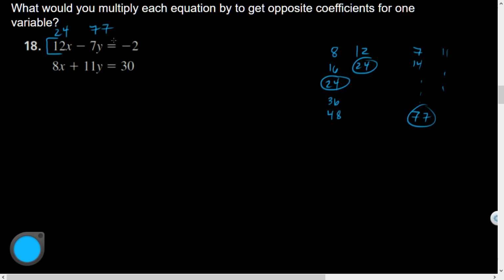So I would multiply the first equation by what? 2, yep. 2 times 12 is 24. 8 times what is 24? 3. And I need one of these to be opposite of the other. So yeah, you can make the 2 negative, you can make the 3 negative. Either of those would be perfectly legitimate. So that's all you had to do for that problem.